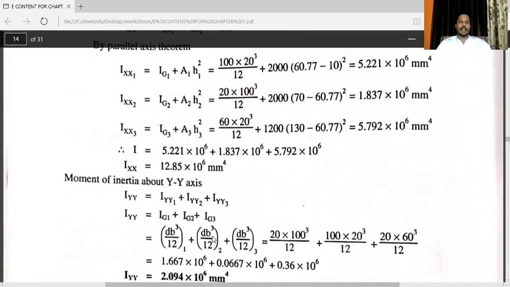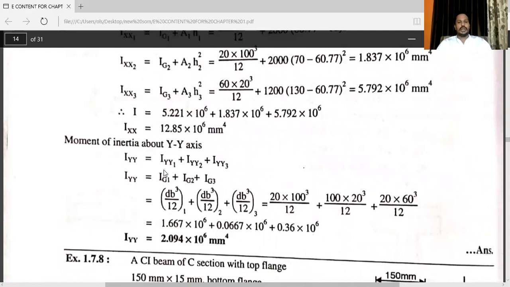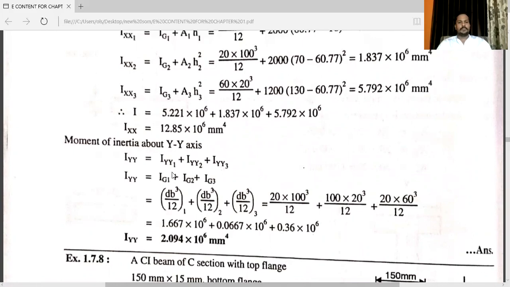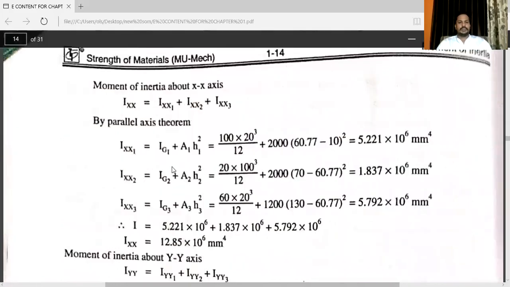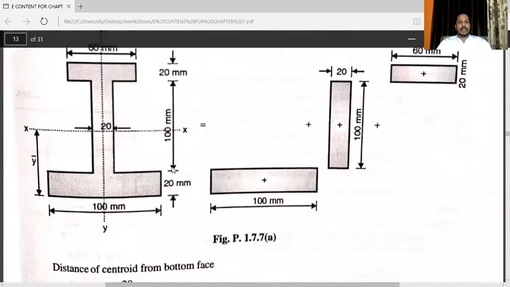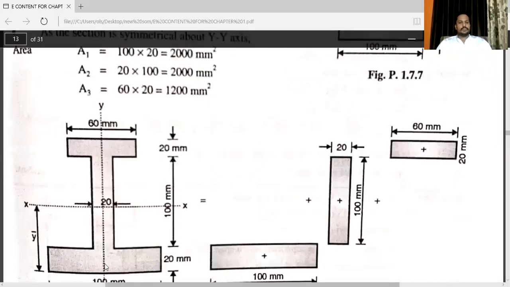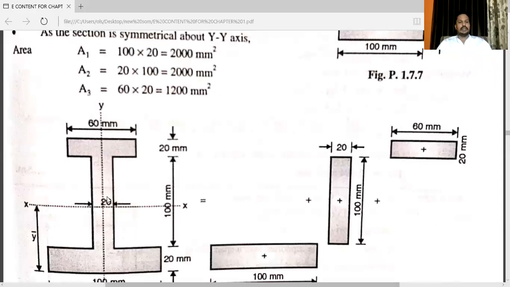See here, again I am telling you, here there is no need to use the parallel axis theorem, because in this diagram the centroid point of the first rectangle, the centroid point of the second rectangle, and the centroid point of the third rectangle pass through a single line, that is the centroidal axis of the entire diagram.